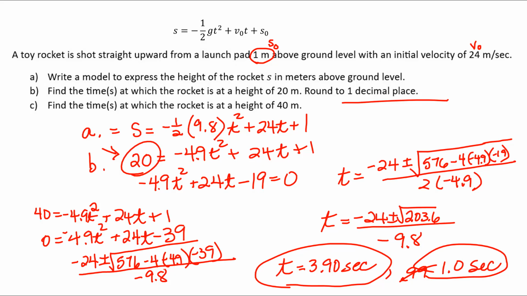And if I do that, under the radical I'm going to end up with a negative number. It gives me negative 188.4. So I end up with a complex value for t. And so this rocket never hits 40 feet. It doesn't happen. So at no time does this rocket reach 40 feet. So that's what that is.